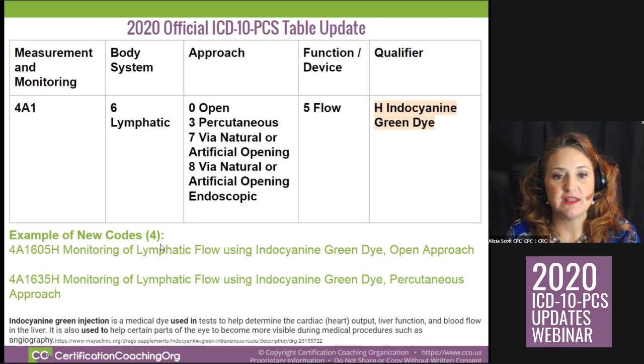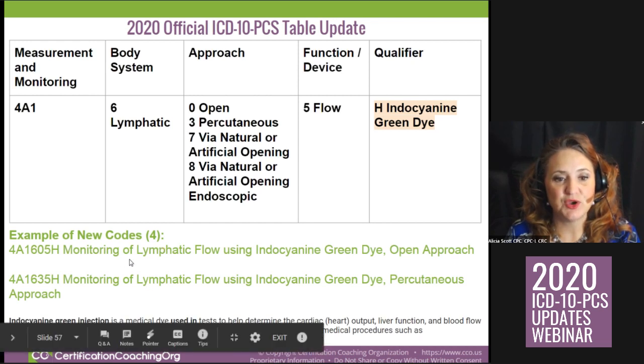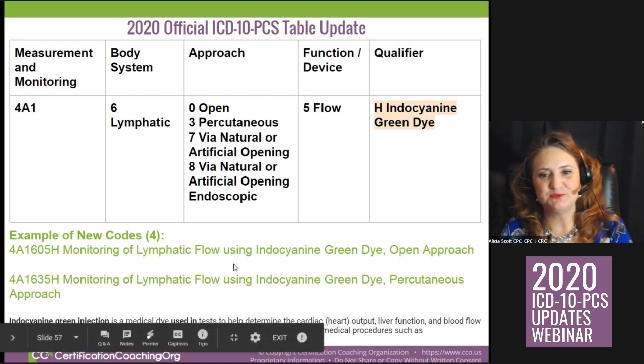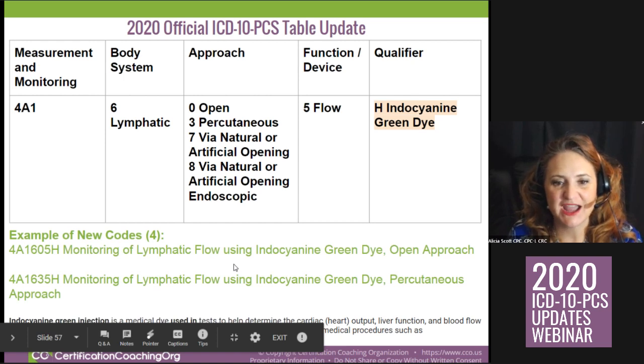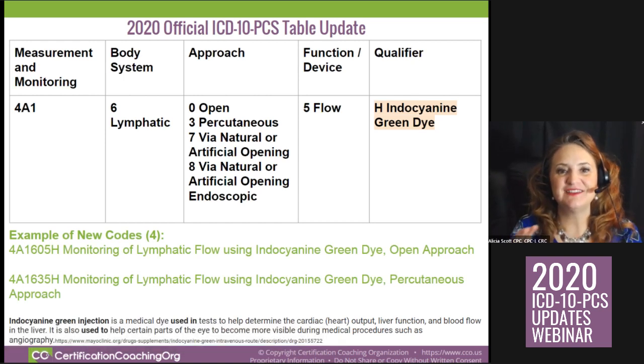Okay, now we have 4 new codes for monitoring the lymphatic flow. And I went and looked this up too, because I've seen this documented, but I didn't know exactly what it was for. Let's see if I can say this well.